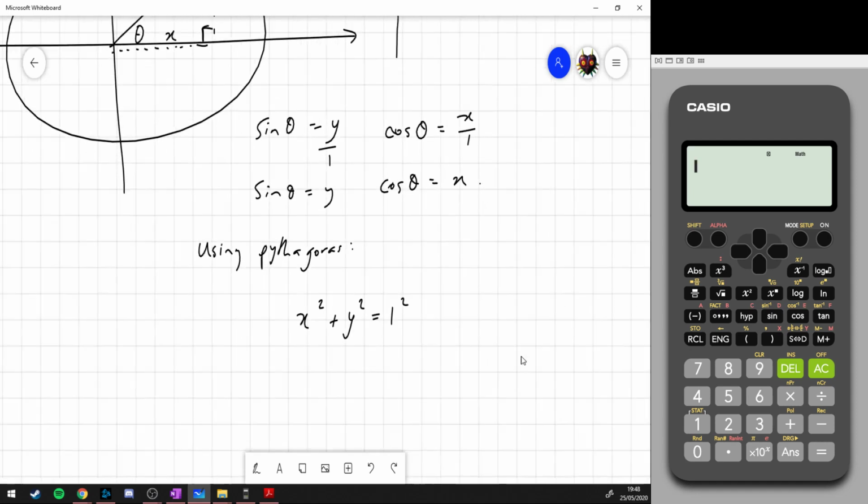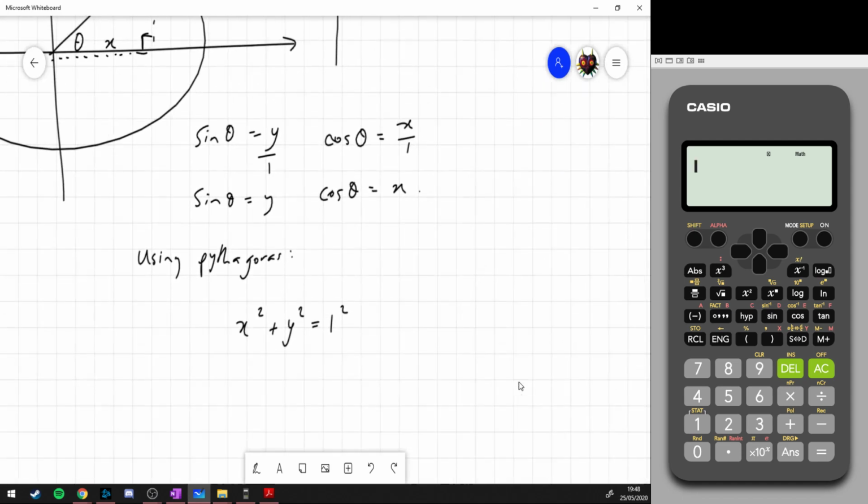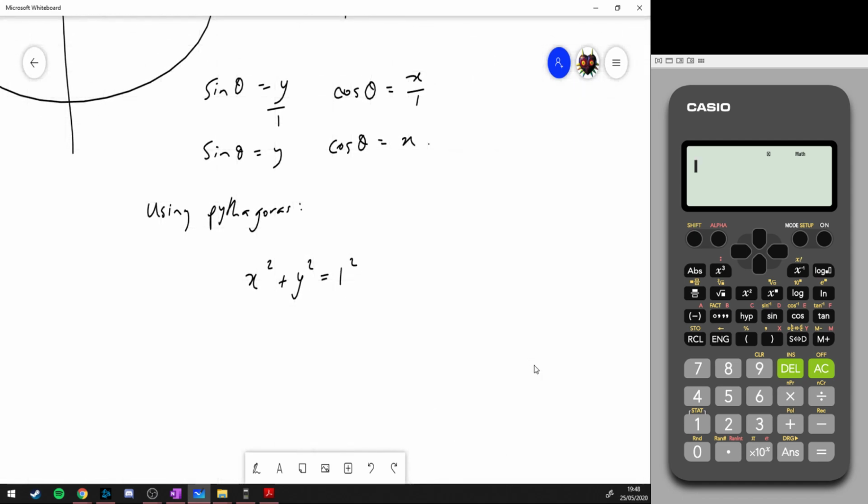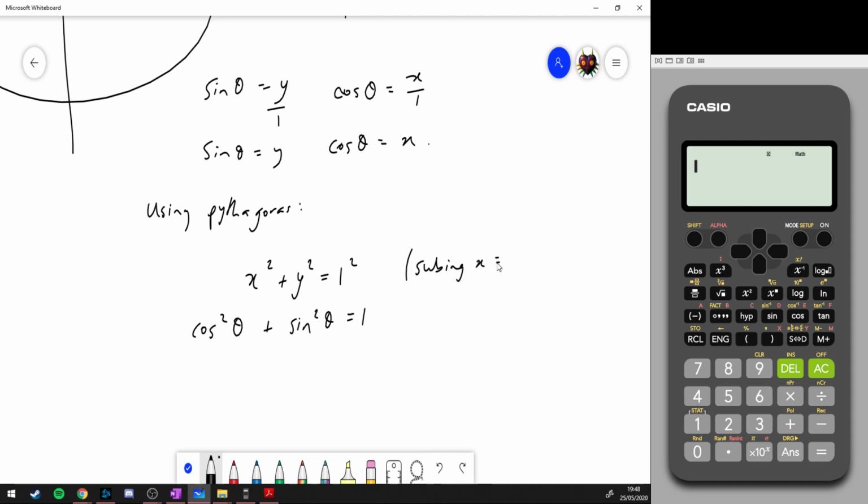Okay, so I'm going to use that Pythagorean equation. So what we can do is substitute x and y into this Pythagorean identity. Okay, so the x is just cos theta, so cos squared theta plus sine squared theta is equal to 1 as well. And so that's by subbing x is equal to cos and y is equal to sine of theta.